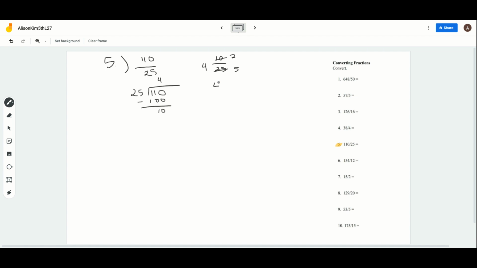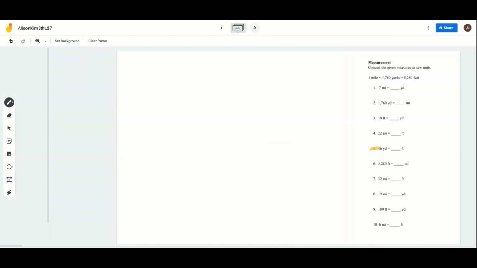So we get 2 over 5, because 2 cannot go into 5 and there are no other common factors. Our final answer will be 4 and 2/5 for number 5. So for converting fractions, just remember to turn it into a mixed number and remember to simplify.